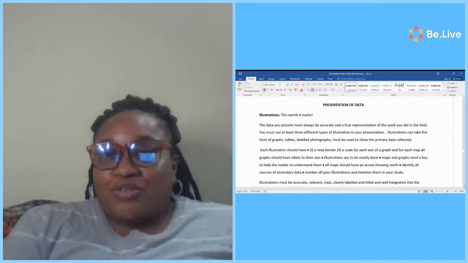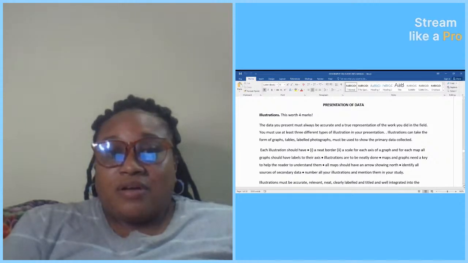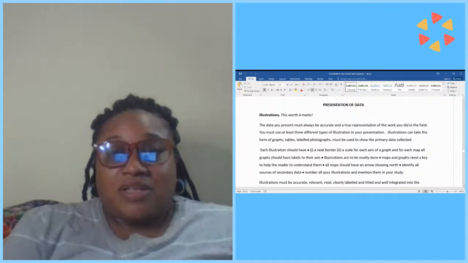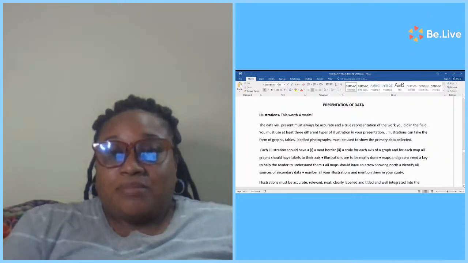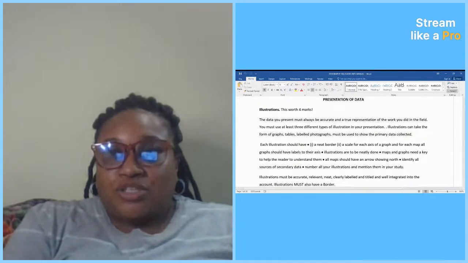You should also have titles. You should label your axes. Your axes should have labels, and you should have a key, and it must also say figure 1, figure 2, etc. So I can show you all another example of that before I go further.